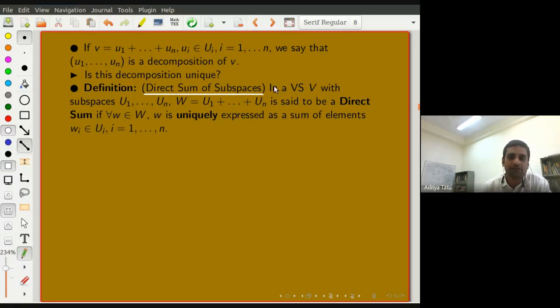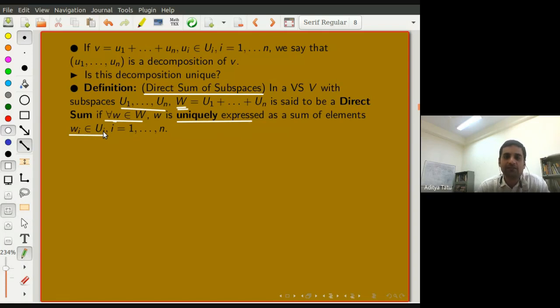In a vector space V with n subspaces, let us say the sum of the n subspaces is denoted by the symbol capital W. Then we say that W is a direct sum of these subspaces if every element w in the sum has a unique decomposition in terms of elements of these subspaces U1 to Un.